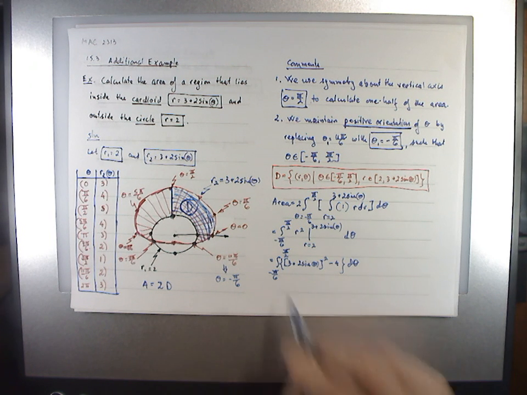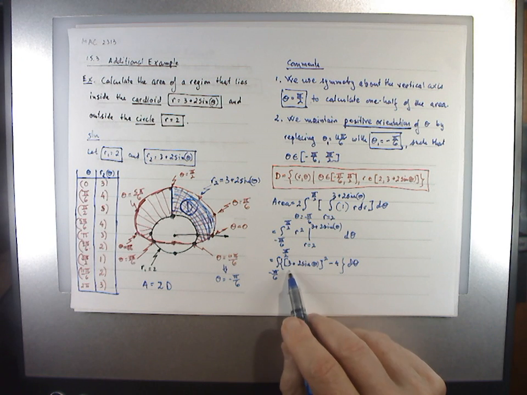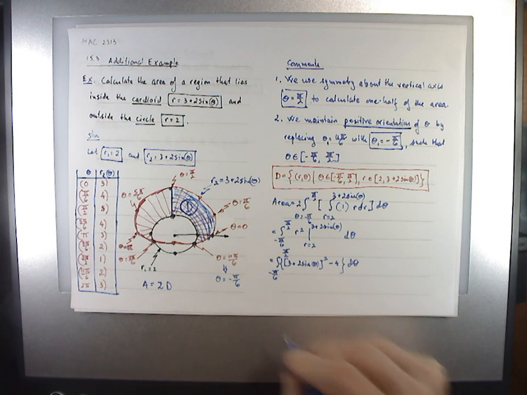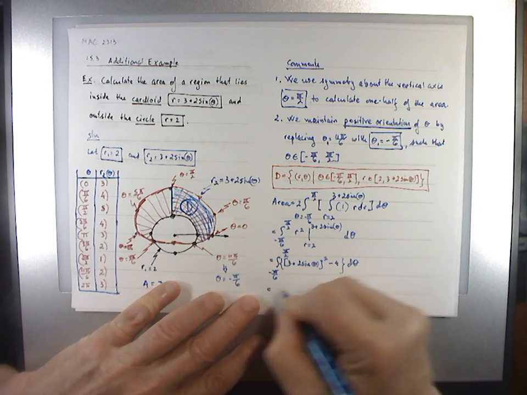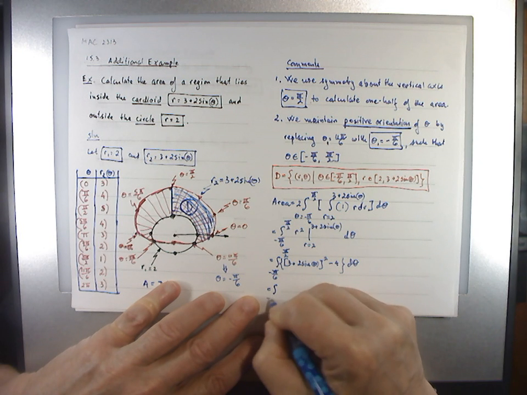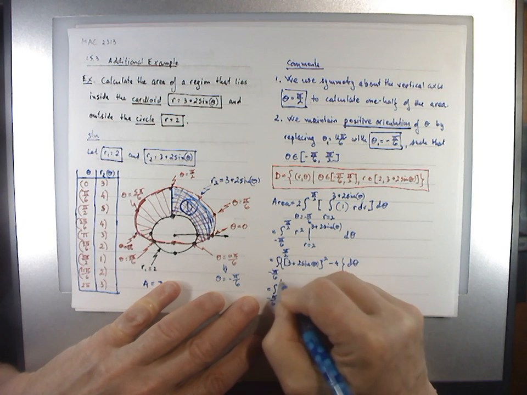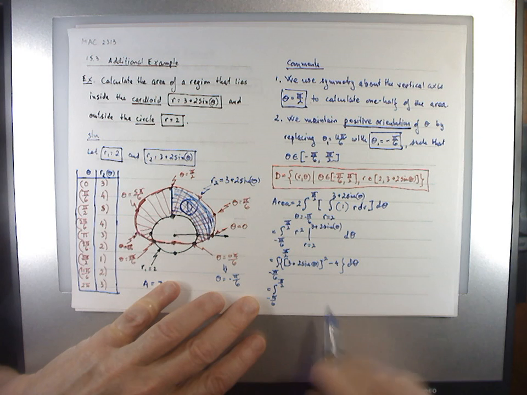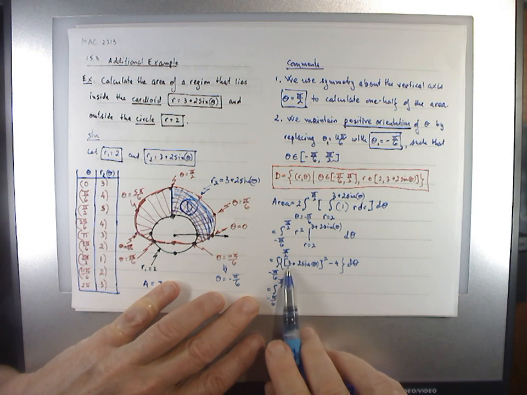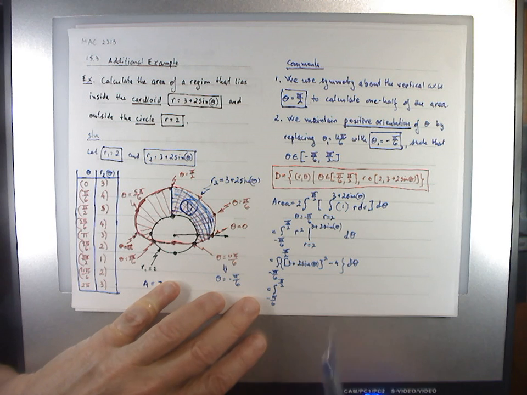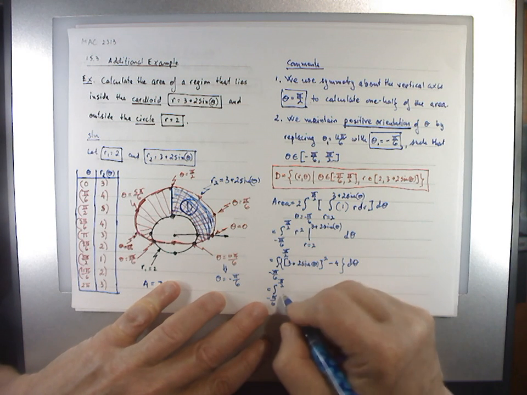So let's see, we have 3 squared plus, let's see. Some of it we can simplify. So 3 squared, 9, minus 4, that will be 5, right? So we have 5.